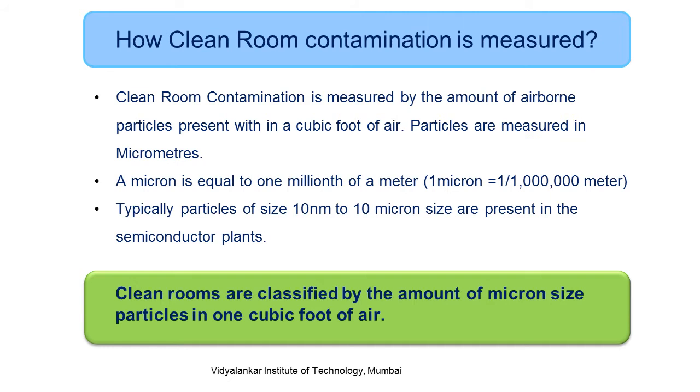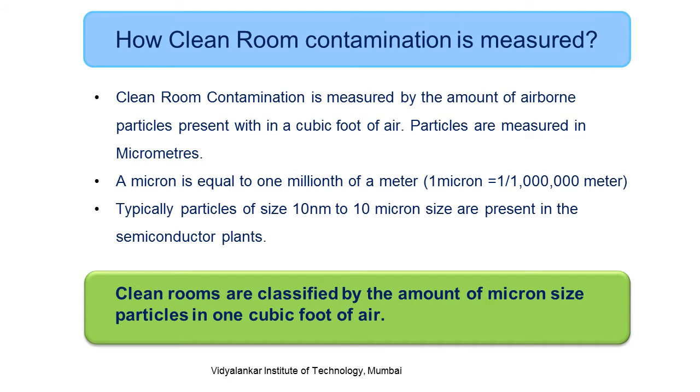You may be aware that a micron is equal to 1 millionth of a meter, and typically whenever we talk about the clean room particle size for the contamination, the sizes between 10 nanometer to 10 micrometer are basically considered in the semiconductor plants.